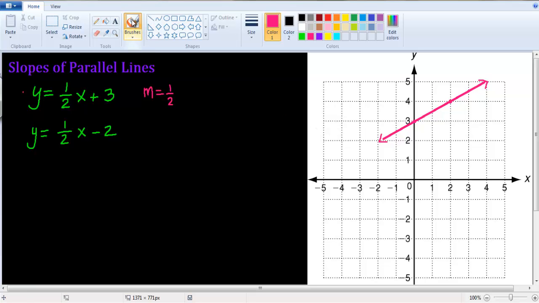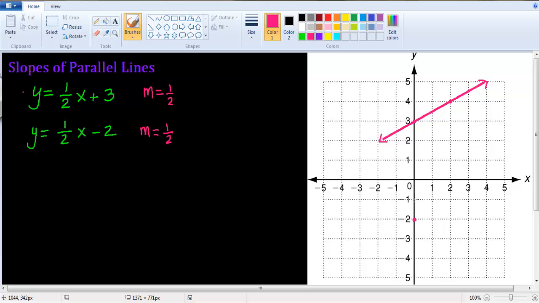For my second line, here I have y is equal to 1/2 of x minus 2. Notice again the slope-intercept form. My intercept is at -2. So I go ahead and draw a point at -2, because that's my y-intercept. And now I look at the slope. The slope is 1/2, so I will rise 1 and run 2 from the intercept.